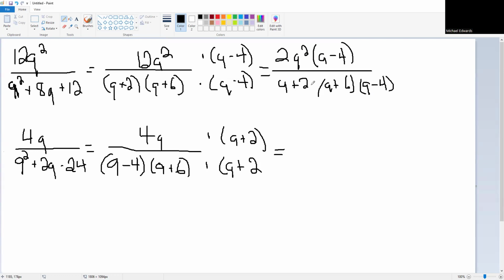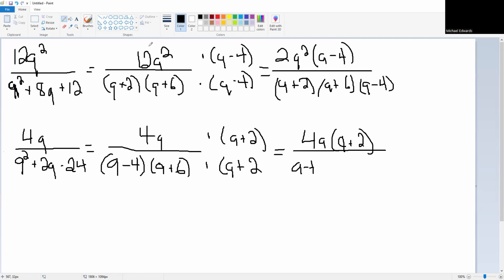Let's see. This one will be 4q (q plus 2), and then q minus 4.